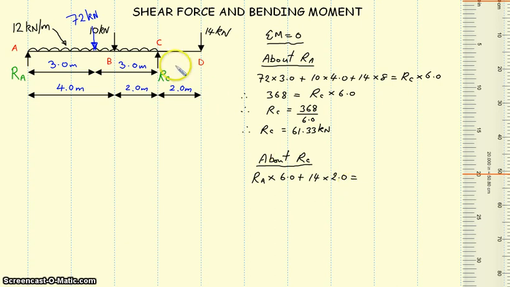So we then look at anti-clockwise, and we can see we've got the 10 kilonewton going anti-clockwise times 2 meters, 10 times 2, plus we also again have this converted equivalent point load, converted UDL, and it's 72 kilonewtons times 3 meters.